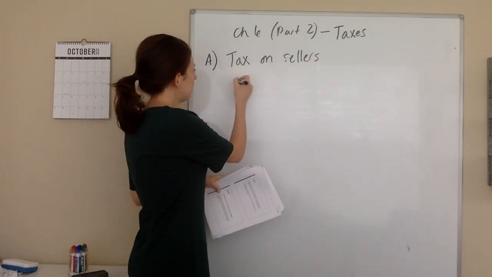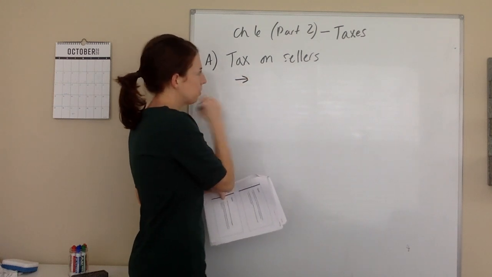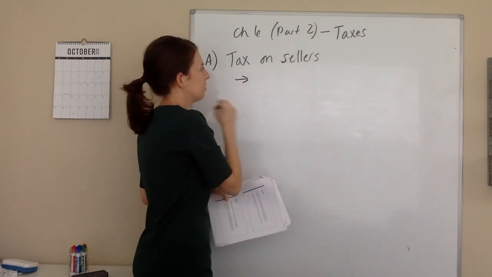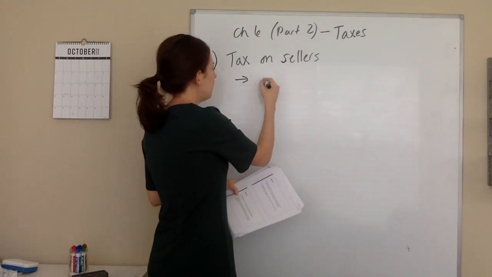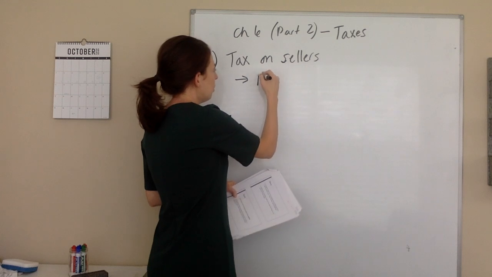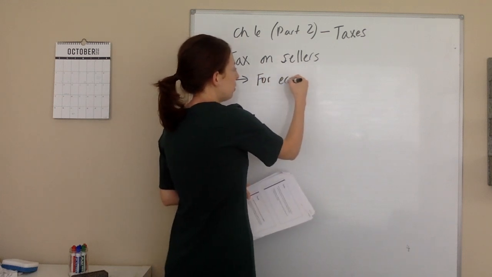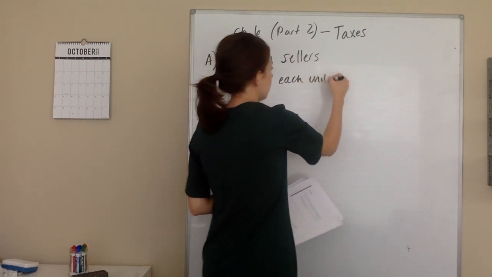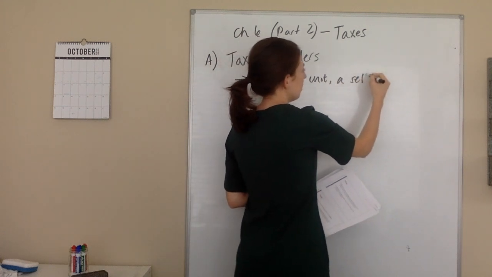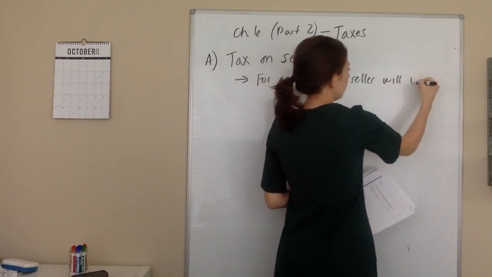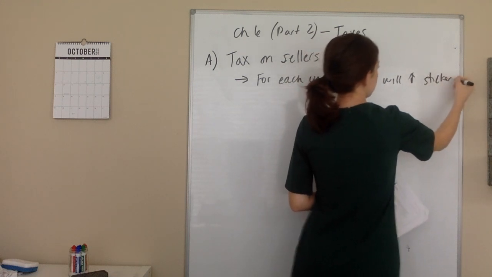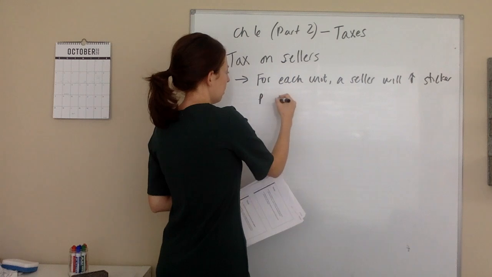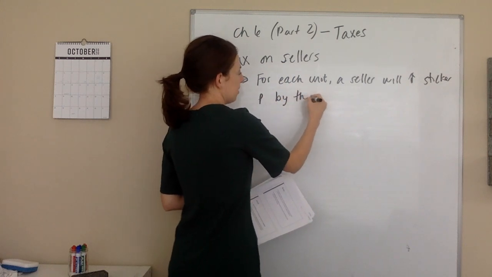Before I show you how this affects the graph, let's write out in words what this does. For each unit, a seller will increase the sticker price by the amount of the tax.